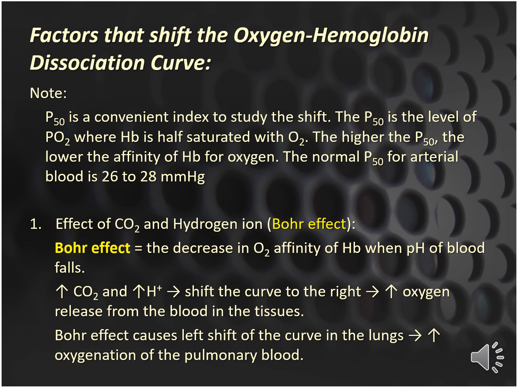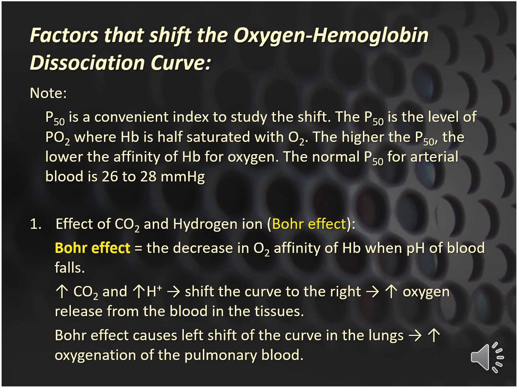Let's start with the Bohr effect. The Bohr effect simply refers to the effect of carbon dioxide and hydrogen ion concentration on the oxygen dissociation curve. The Bohr effect states that there is a decrease in oxygen affinity of hemoglobin when the pH of blood falls.